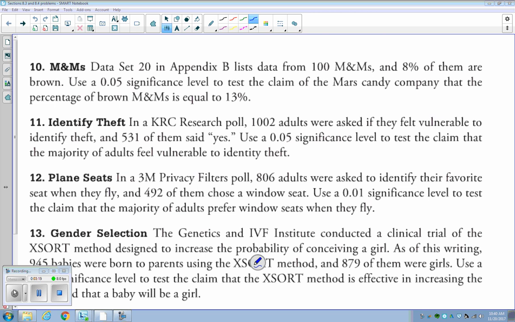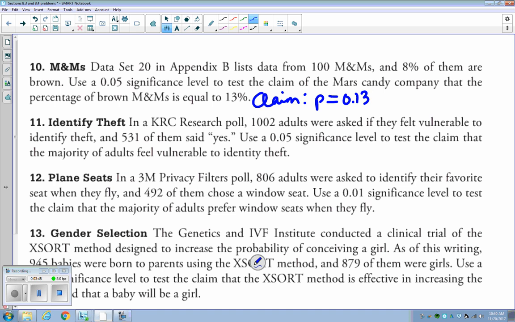So the Mars Candy Company claims that the percentage of brown M&Ms is equal to 13%. So my claim is that the proportion will be equal to 13%. And I could write 0.13, I could write 13 out of 100. They all mean the same thing, right?